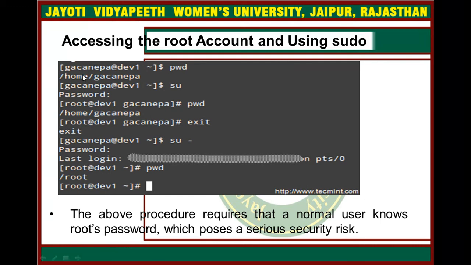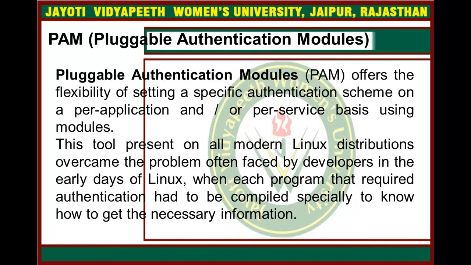You see here on this screen pwd and su, and again the root password is asked, he gives the root password, and this is equal to exit, and password and login. So that's why we call it the above procedure, where a normal user knows root's password, which poses a serious security risk, right?